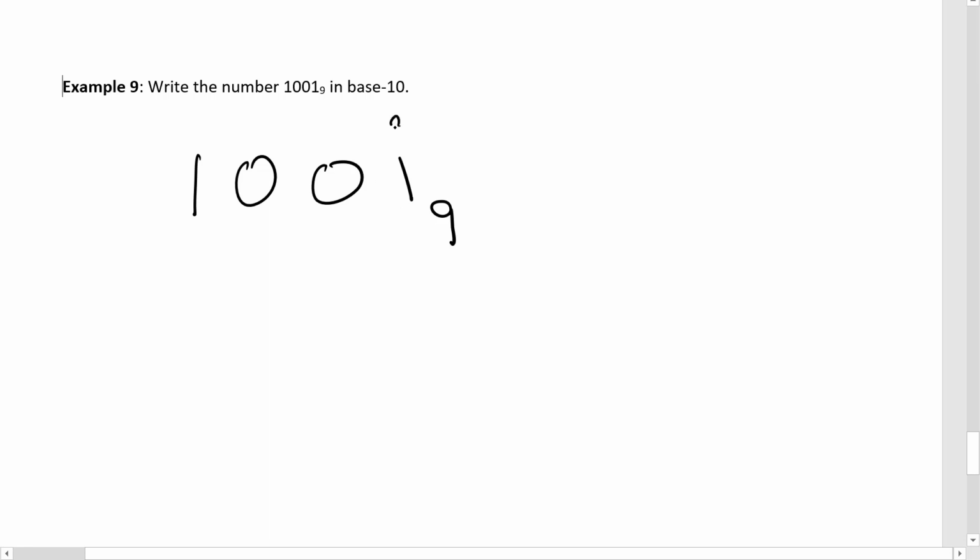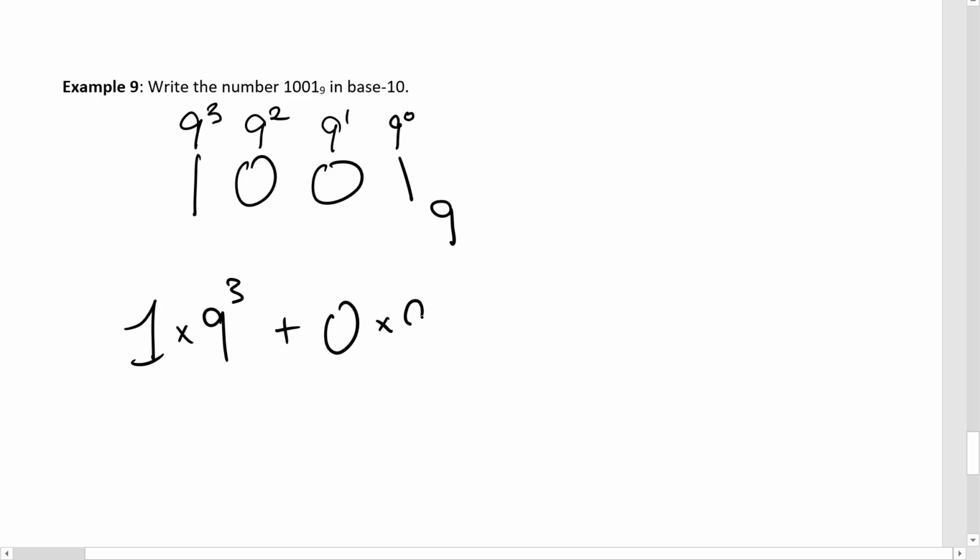So this is the ones place, but that's base 9. So that's the 9 to the 0 place, 9 to the 1, so 9 squared. That would be the 9 to the third place. We have 1 times 9 cubed. We have no 9 squares, no 9s, but we have 1 in the ones place.